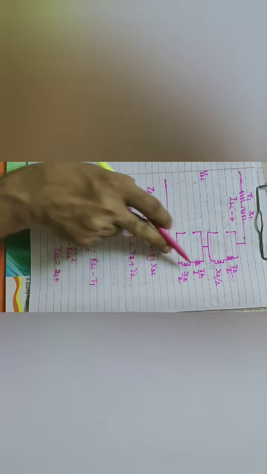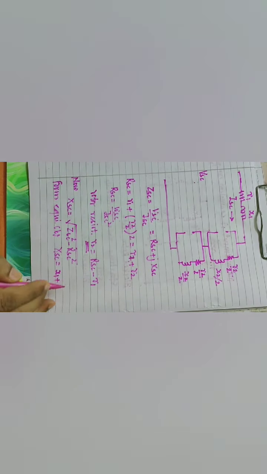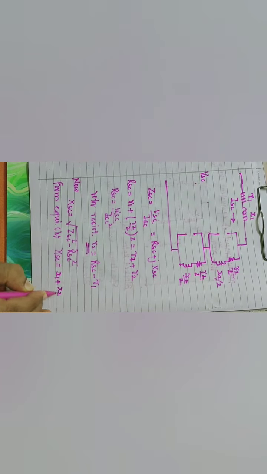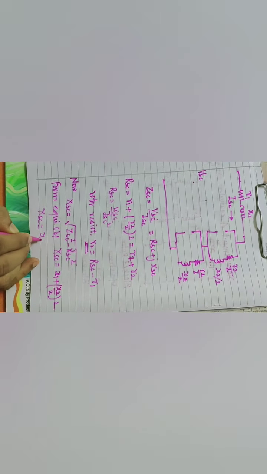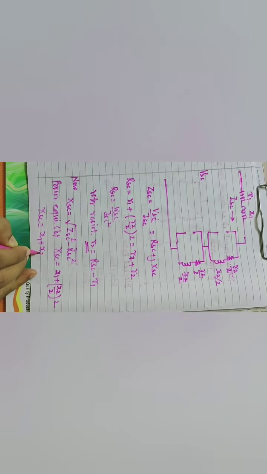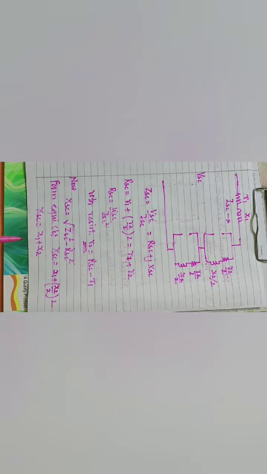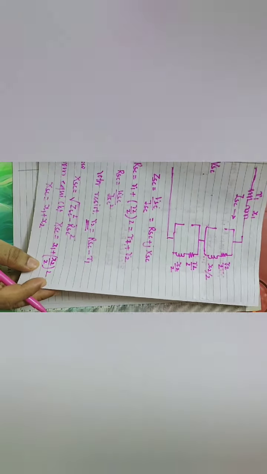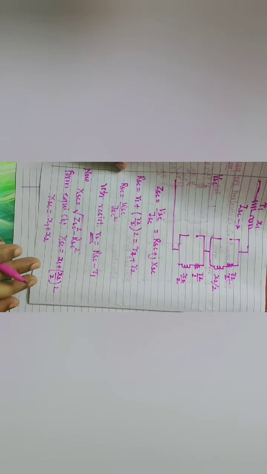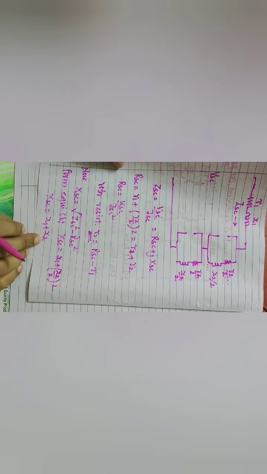So this is nothing but a simple RL series circuit. So this is X2 by 2 into 2. So XSC is equal to X1 plus X2. Now X1 is the stator main winding reactance and X2 is the rotor winding reactance. Now as the rotor is squirrel cage type, in the laboratory it is very difficult, we cannot determine X2.